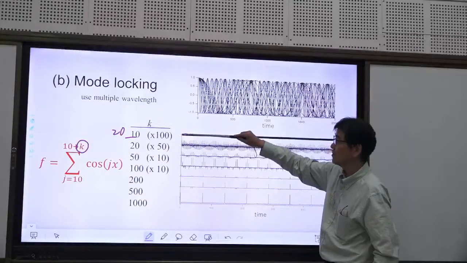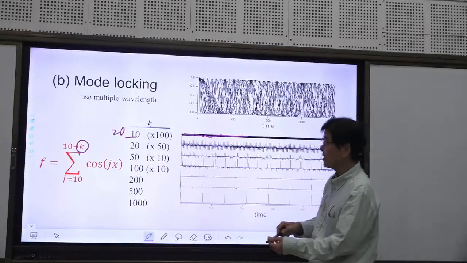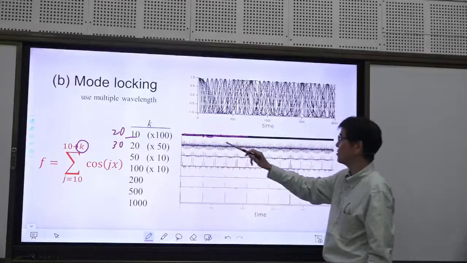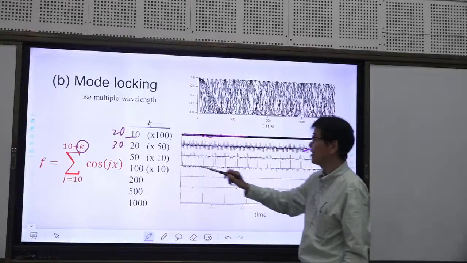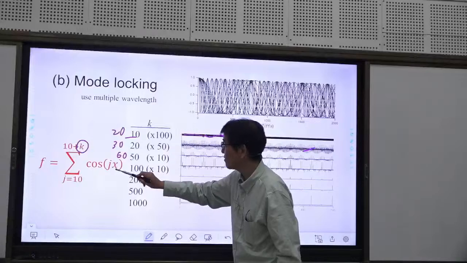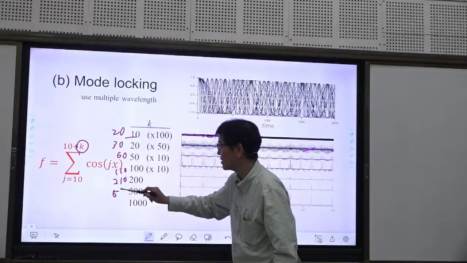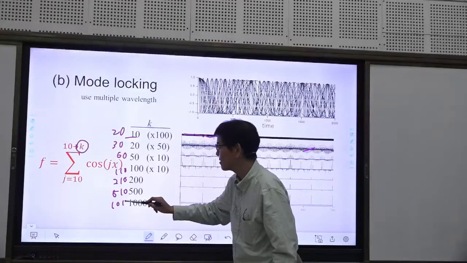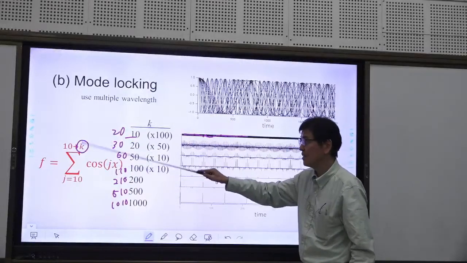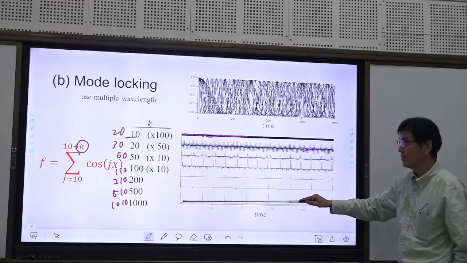Cosine function oscillates. If I sum up to 30, some beat starts to appear. 60, 110, 210, 510, 1010. By overlapping many cosine functions, it becomes such a shape.